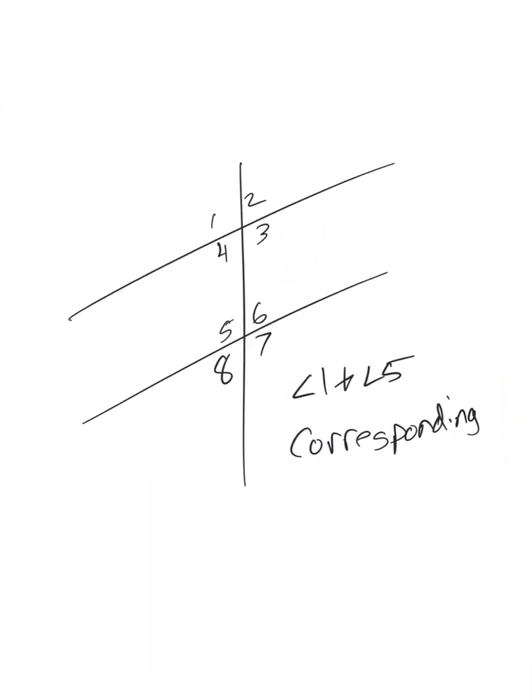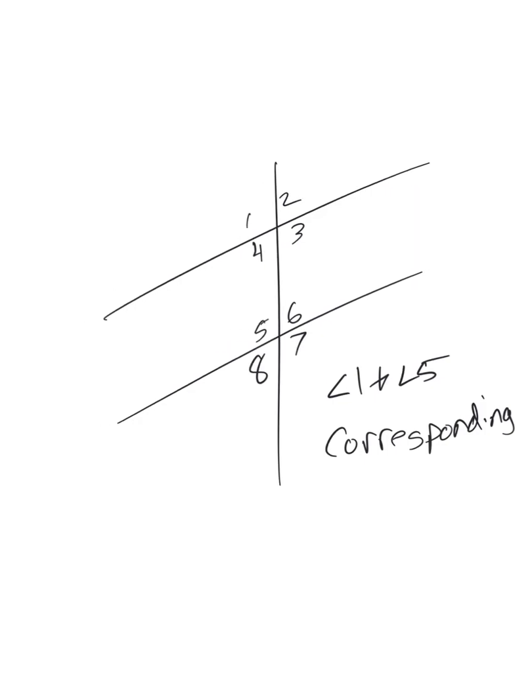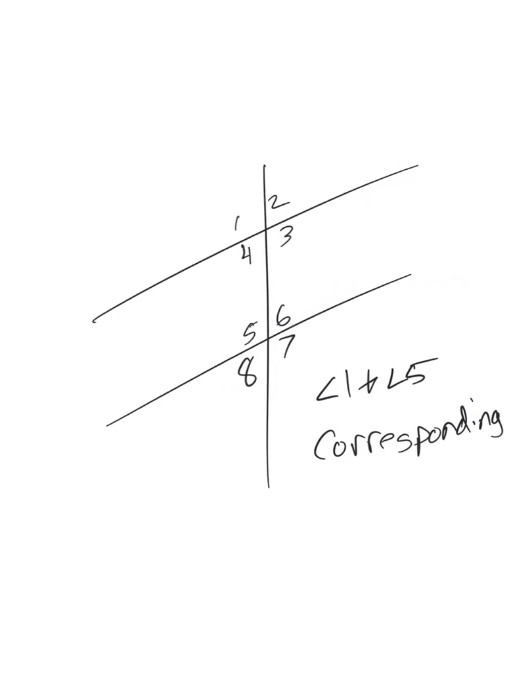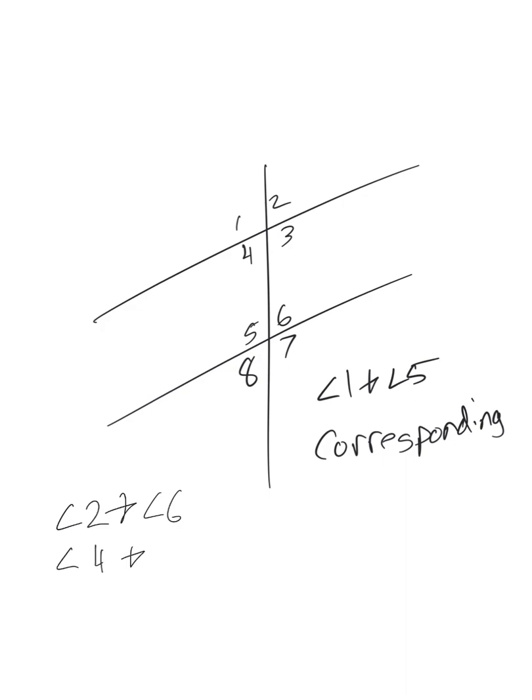Let's go with angle 2. Angle 2 and what? Shout it out. Angle 6, angle 4 and angle 8, angle 3 and angle 7. Any others? We just did 1 and 5. Okay, good. All right.